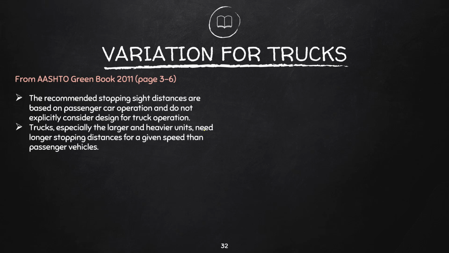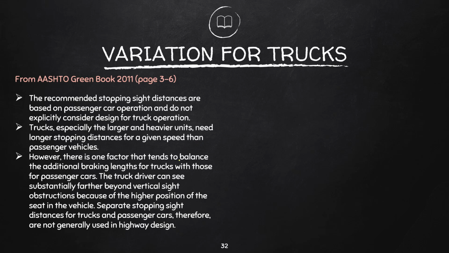Trucks, especially the larger and heavier units, need longer stopping distances for a given speed than passenger vehicles. However, there is one factor that tends to balance the additional braking lengths for trucks with those for passenger cars. And that is the truck driver can see substantially farther beyond vertical sight obstruction because of the higher position of the seat in the vehicle. Separate stopping sight distances for trucks and passenger cars therefore are not generally used in highway design.